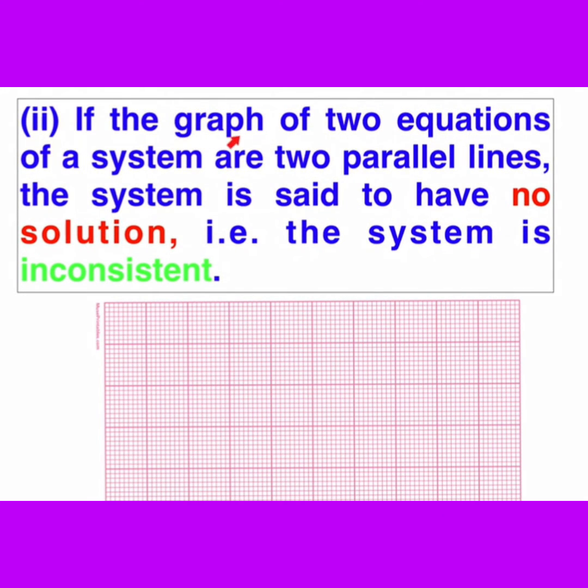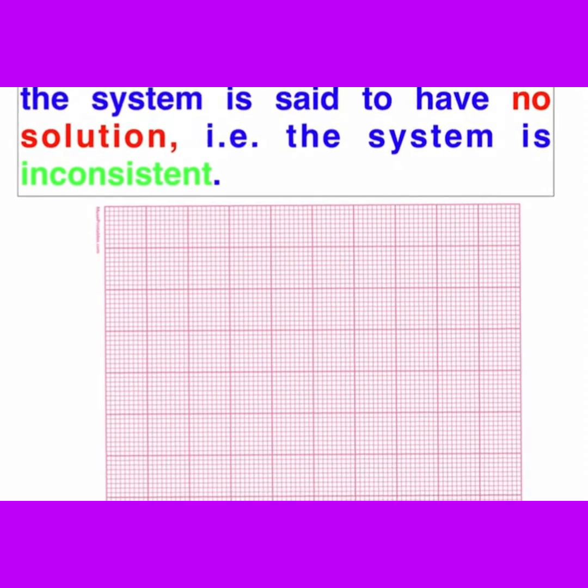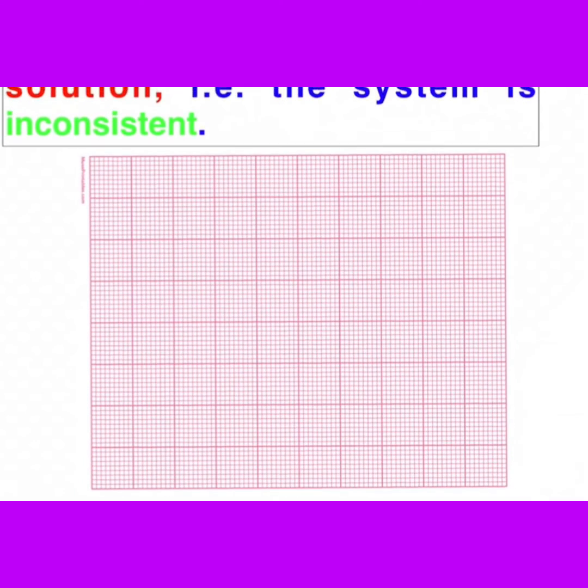Yes, if the graph of two equations of a system are two parallel lines, the system is said to have no solution. That is, the system is inconsistent. So keep in mind, if two lines are parallel, it means there are two given equations, and if we draw the graph for the two equations and you get parallel lines, such as, let us say, this is the situation.